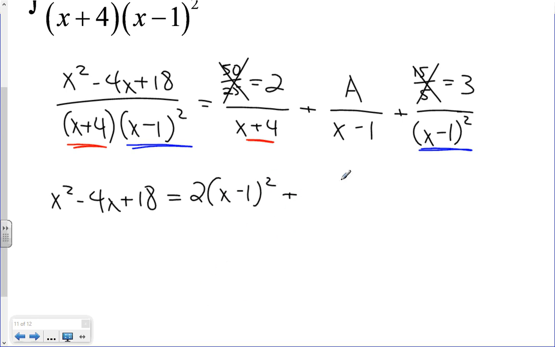In the middle fraction here, when I multiply it by an x minus 1 squared, I'll still have another x minus 1. I'll be left with a times x plus 4 times an x minus 1. And finally, when I multiply this last one by the x plus 4 times x minus 1 squared, the x minus 1 squareds cancel out completely, so you'll be left with just the 3 times x plus 4.